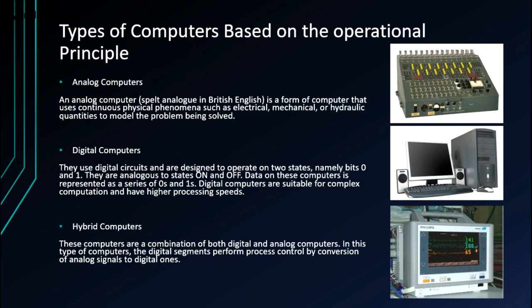So it basically has a screen, mechanical buttons, and many more. So those are digital computers. Next is our hybrid. Okay, so hybrid is the combination of the two types of computer, the analog and digital. So it is the combination of the two components or two types of computer.